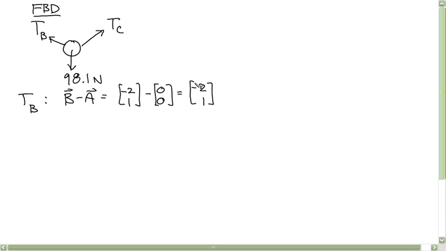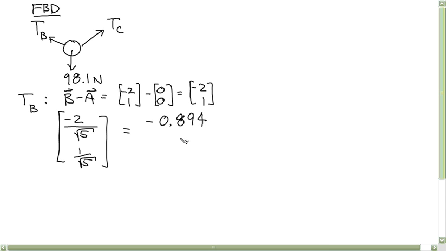And now we need a unit vector. So we have -2 divided by square root of 5 and 1 divided by square root of 5. And you get -0.894, positive 0.447.